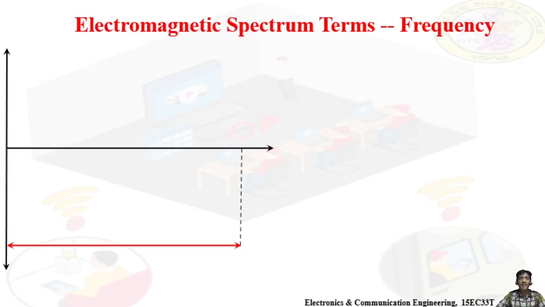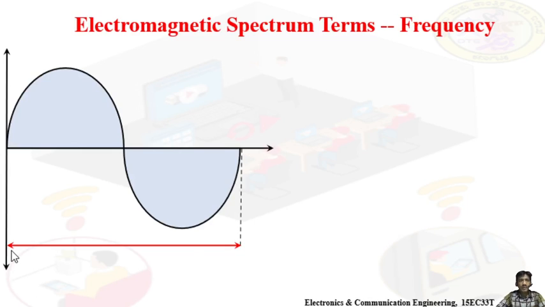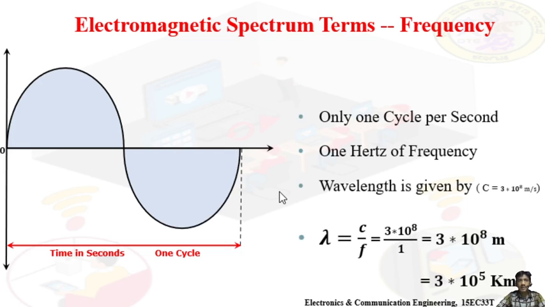You see it graphically here: there is only 1 second, and in this 1 second only one cycle appears. If one cycle appears, then it can be represented as 1 hertz of frequency.